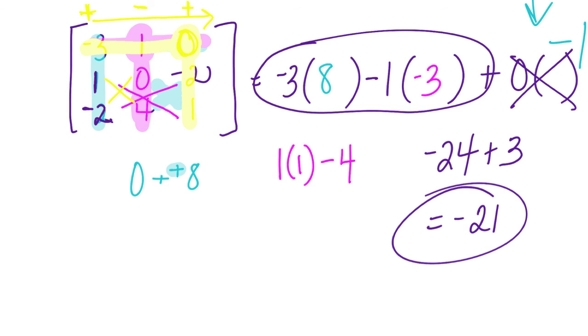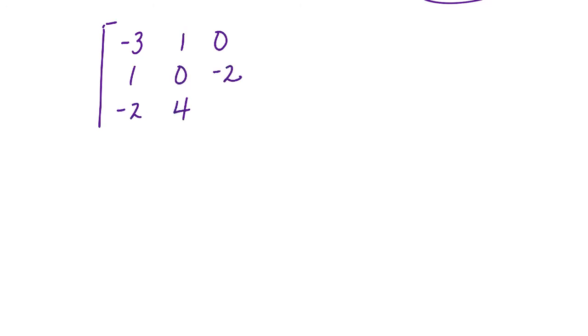All right, for good time's sake, let's go ahead and we're going to do that exact same determinant, and I'm going to show you the way that your book does it. Some of you might like this better, and that's fine. So we have negative 3, 1, 0, 1, 0, negative 2, negative 2, 4, 1. And so we're given it like this.